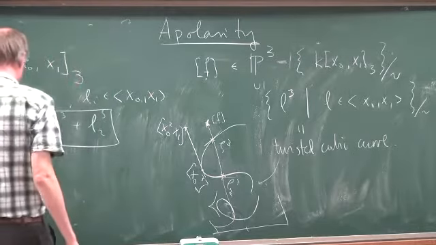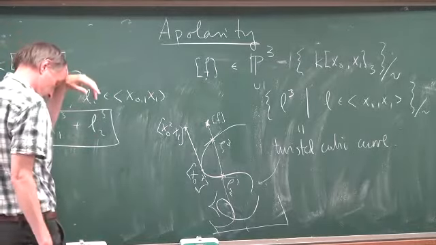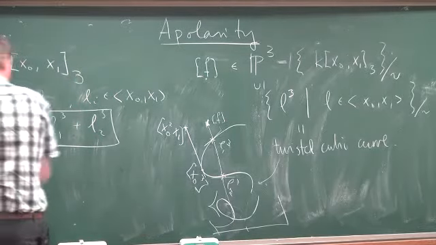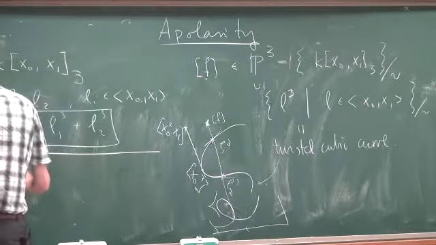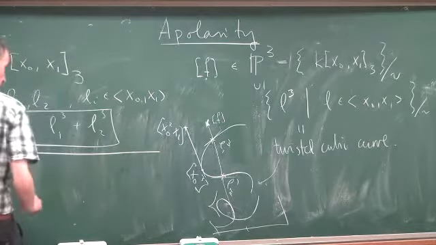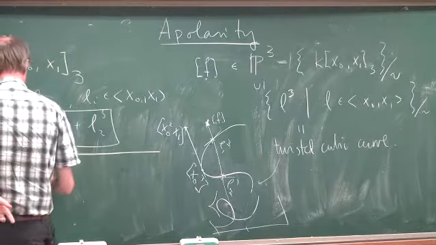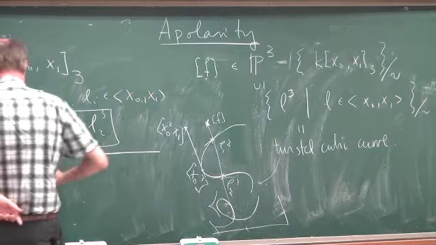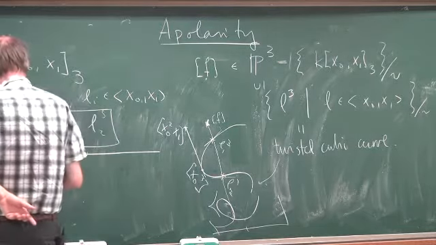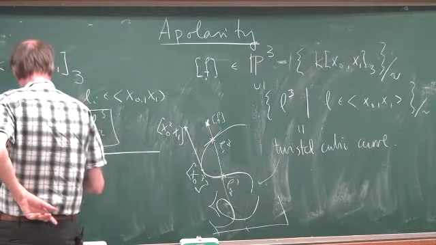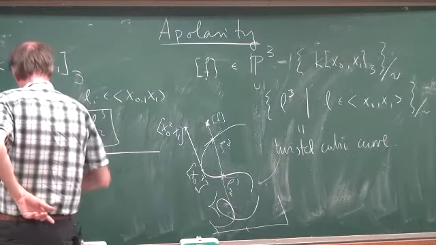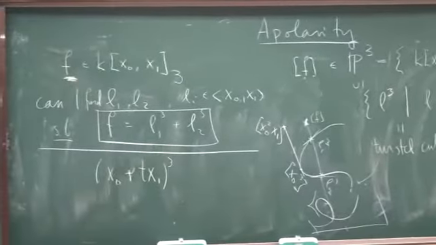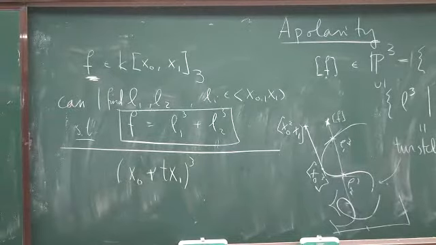Well, so how should I write this? x0 plus t x1, and then take the cube.